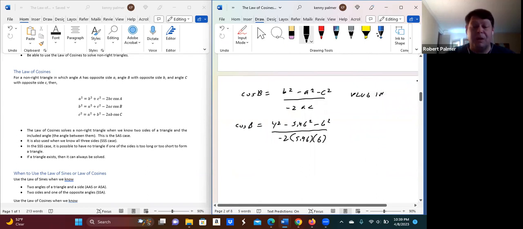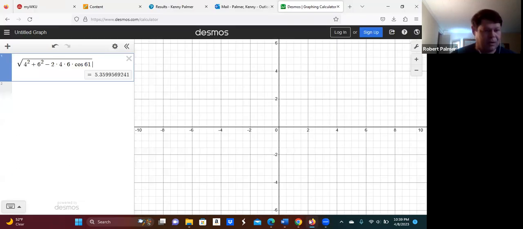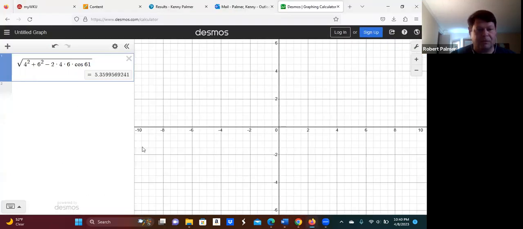All right, so let's actually just plug all that into Desmos or your calculator as well. And double check that A was 5.46, yes. Now here, let's make sure you use parentheses.